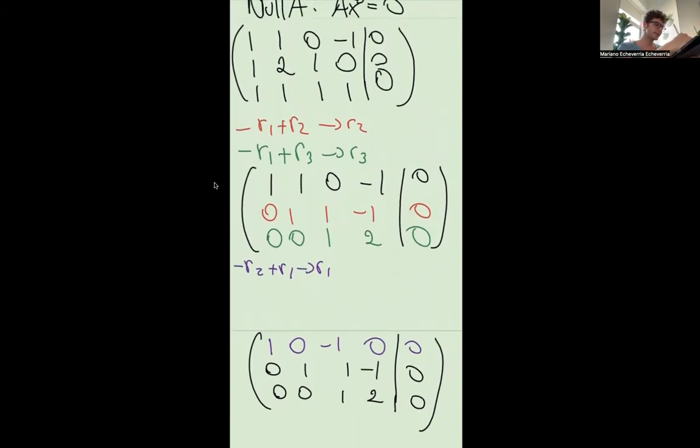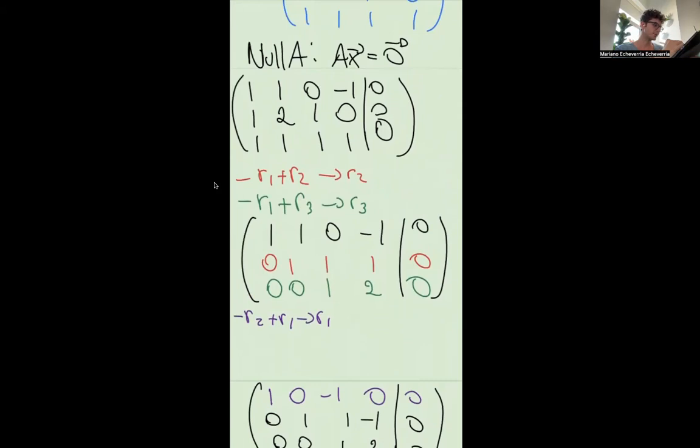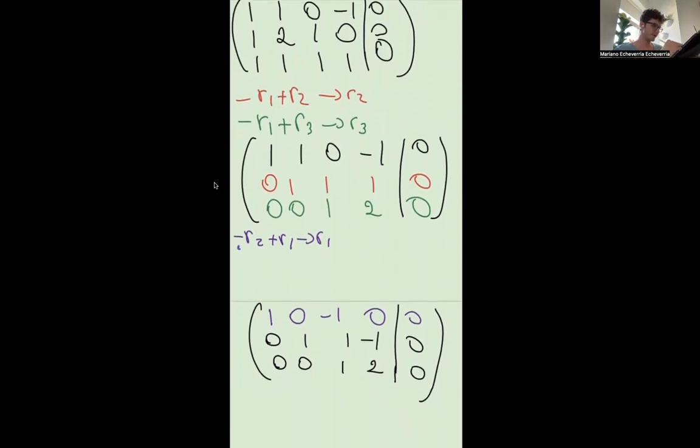You're saying that here it should have been 1, right? Because if you do minus row 1 plus row 2, this becomes a 1, good. And then when you do minus row 2 plus row 1, this actually becomes what I had. I don't know if that's what I had before, but thanks. I need to fix this a little bit.